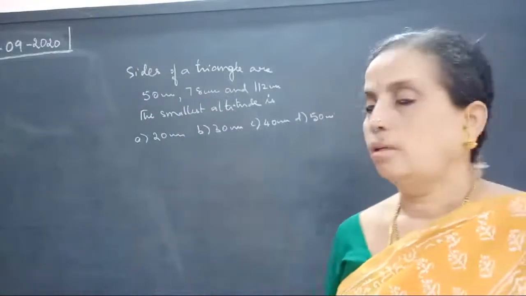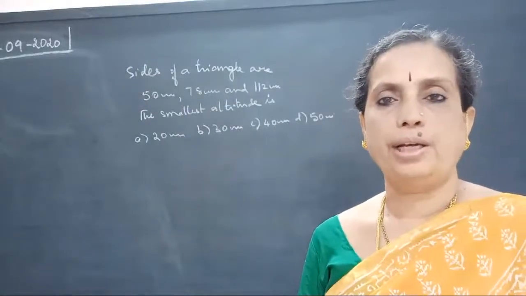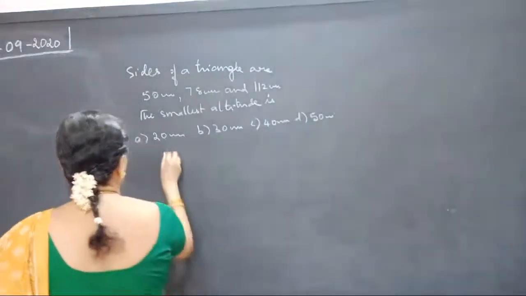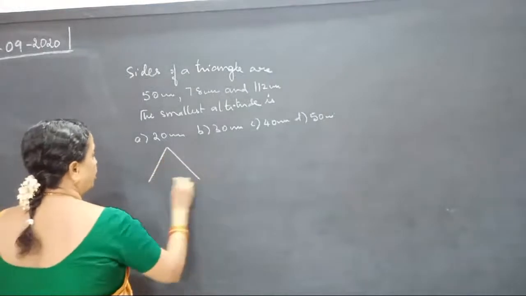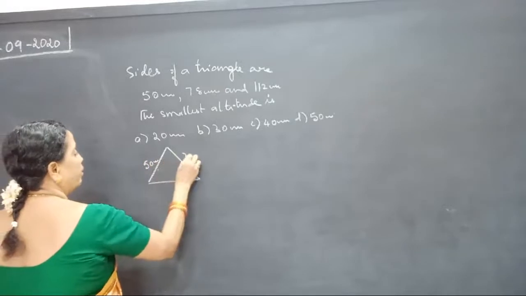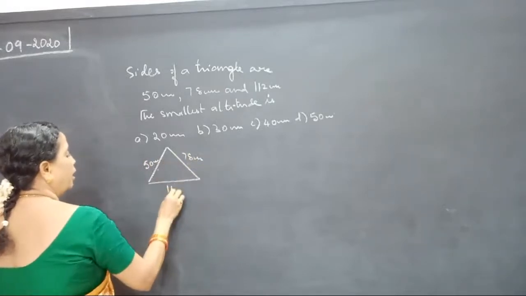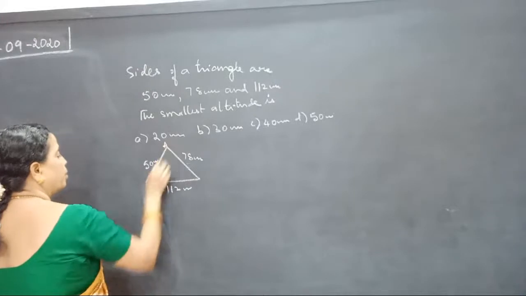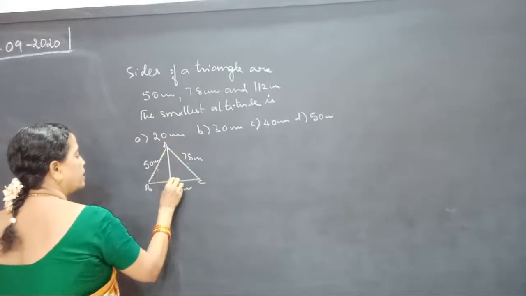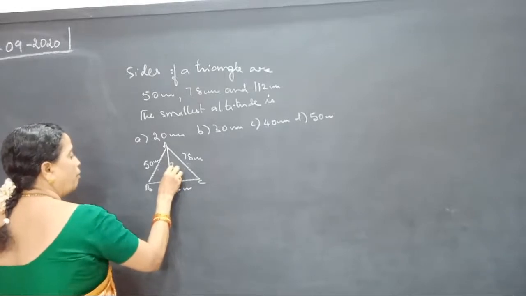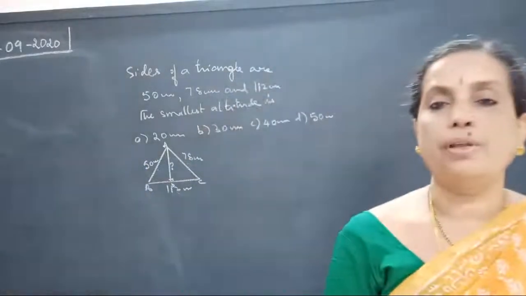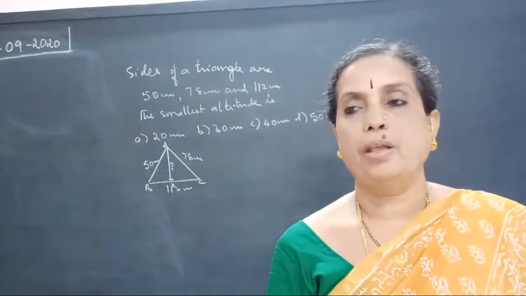Based on this, actually for an MCQ no figure is needed. For your convenience I am giving the figure. Draw a small figure mentioning all three sides: 50 centimeter, 78 centimeter, 112 centimeter. So the smallest altitude is from A to BC. So what is the measure of AD? We have to find it out. To get the altitude we require area.